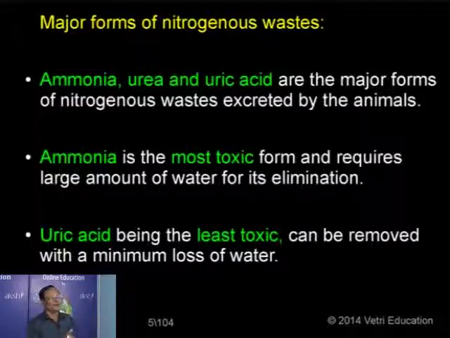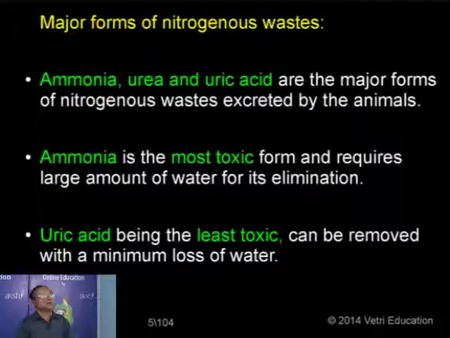From the beginning, ammonia, urea and uric acid are the major nitrogenous waste products excreted by different groups of organisms. In addition, in the case of spiders we have guanine, and we too have creatinine in our body. We excrete creatinine also. These are only minor cases, but the major excretory products are ammonia, urea and uric acid.